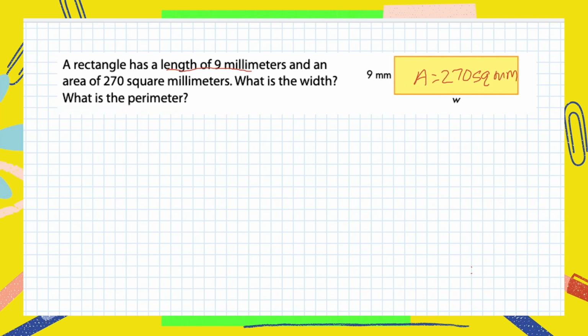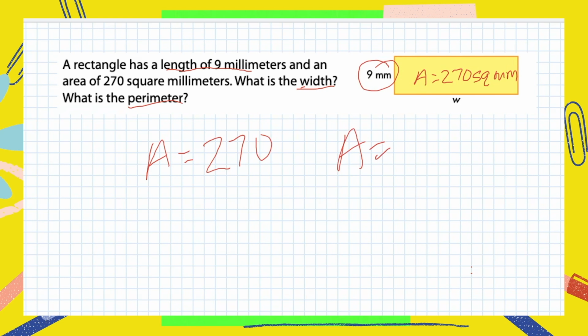What is the width and what is the perimeter? Okay, so let's take a look at what we know. We know that the area is 270. And we also know that the length of this figure is 9 millimeters.